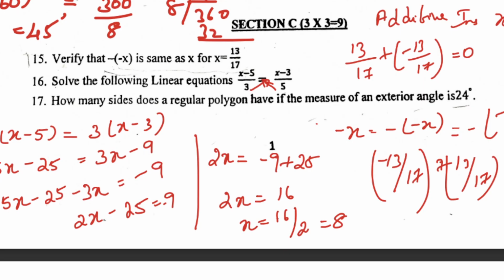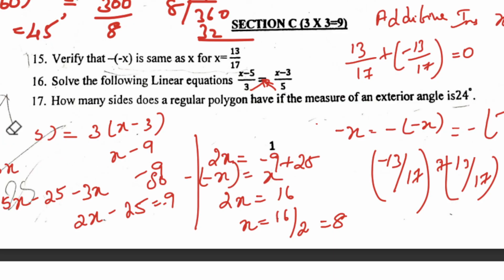Okay. So next, how many sides does a regular polygon have if the measure of an exterior angle is 24? Okay, I am going to erase this and write the answer. Okay, let me erase these things here. I'm going to erase everything.